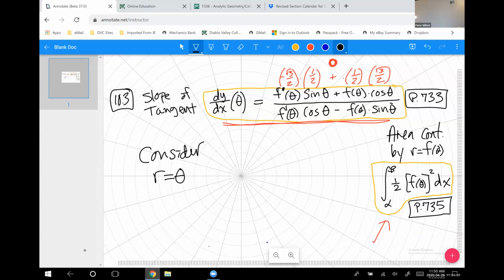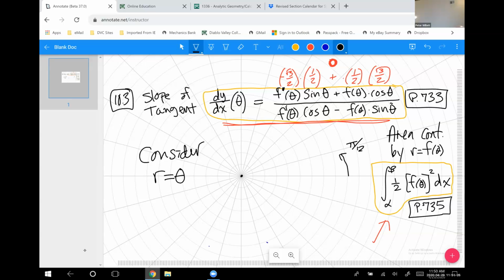So when you have r equals theta, when theta is 0, r is 0. When theta is pi over 6, so is r. By the time I get up to an angle of pi over 12, from the origin I've left pi over 12 spaces, which is like a quarter.